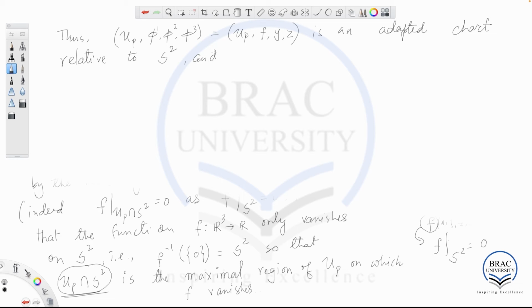And U sub P intersected with S2, comma, y, comma, z is a chart for S2.